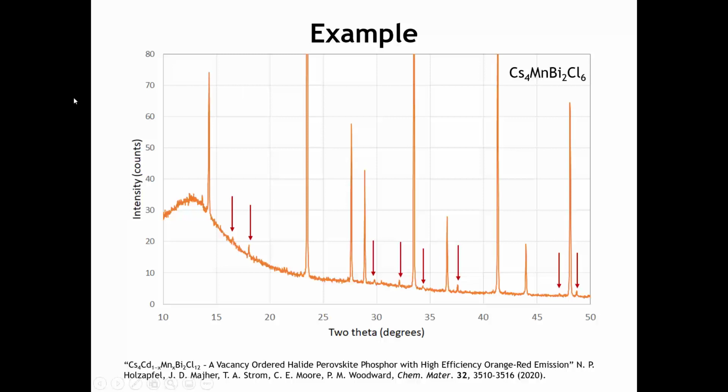Here I'm zooming in on the powder pattern, and I've got a red arrow everywhere there's a diffraction peak that's fit by the rhombohedral cell, but not by the cubic cell. And what you can see is that all of these peaks are really pretty weak. So it would be kind of easy to overlook them and conclude that the cubic cell is the right one. But we've analyzed this diffraction pattern in detail, and there's no doubt that the rhombohedral cell is the correct one.